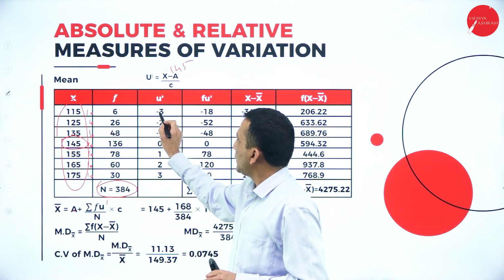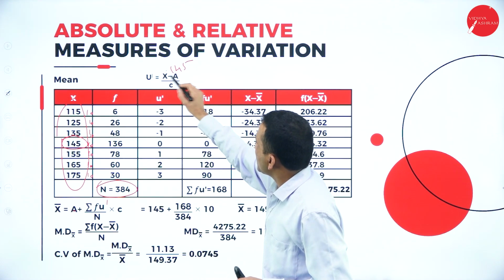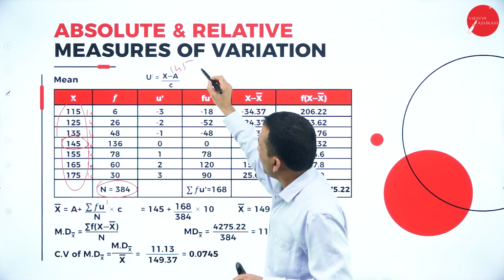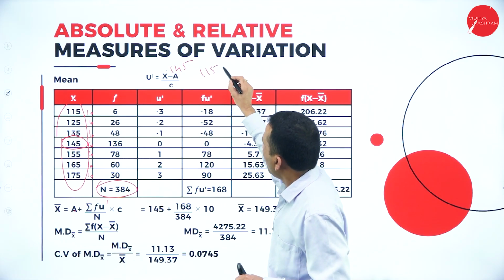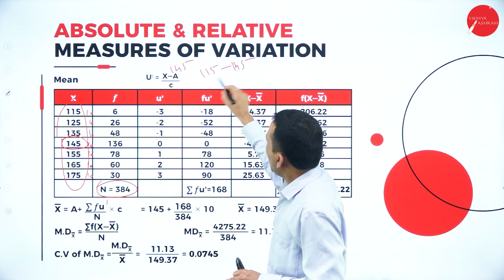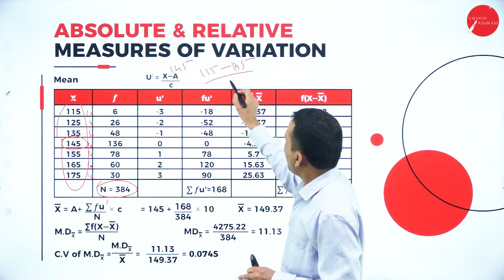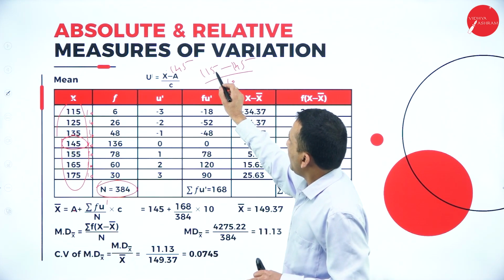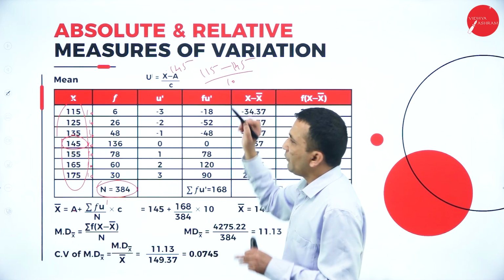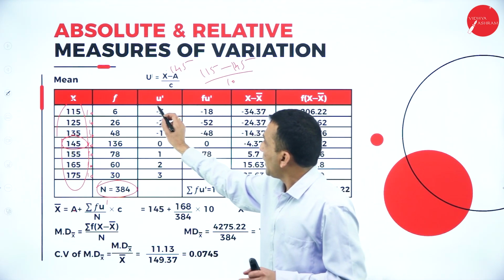So the first value, minus 3, how am I getting it? According to the u dash formula, the first x value 115 minus the assumed mean 145, divided by the class width. How much is the difference between each class? 10. 115 minus 145 gives minus 30, divided by 10, I get minus 3.